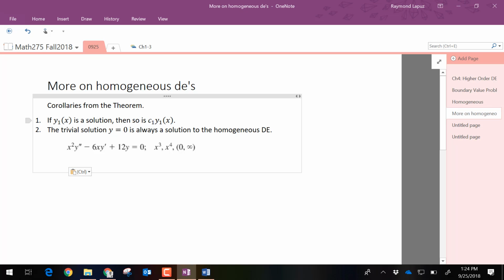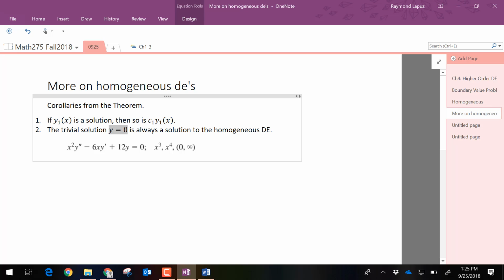Here, there are a couple of corollaries. It says that if y1 is a solution, then a constant times y1 is also a solution. That seems to follow naturally, right? And then the trivial solution, y equal to 0, is always a solution to a homogeneous differential equation.